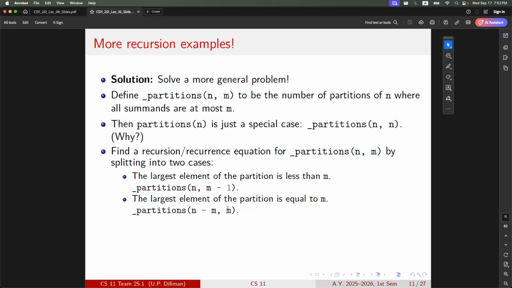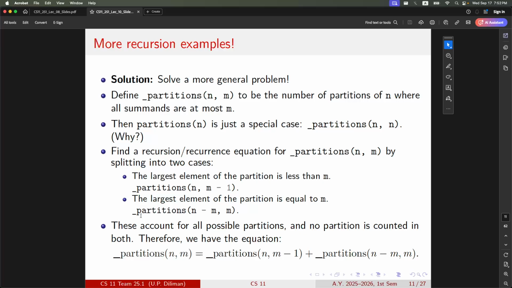And you can verify that these two account for all possible partitions. So this says the number of partitions of n where the summands are less than m, so it does not include m.